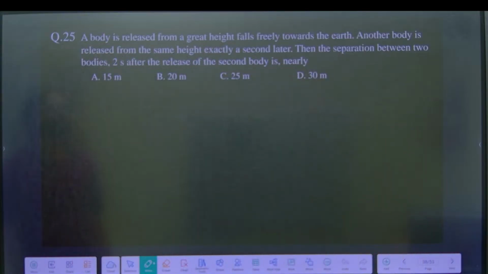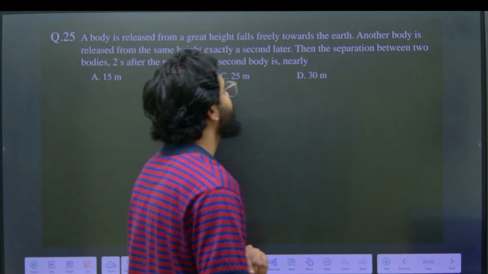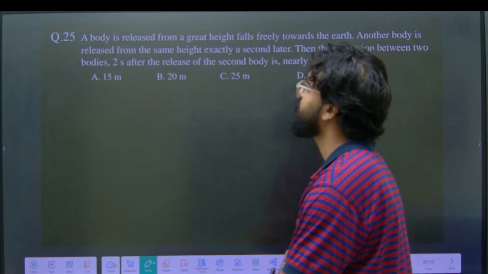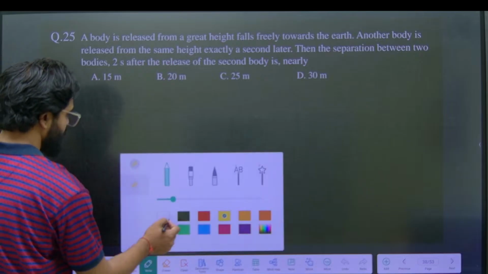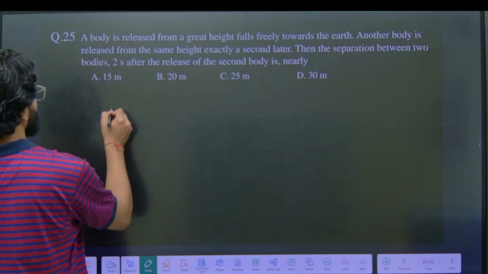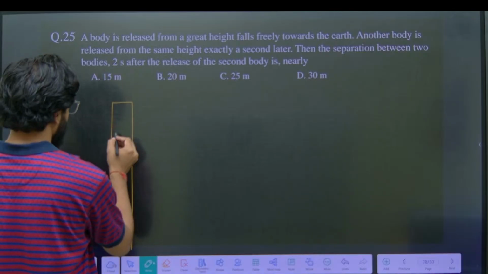25th. A body is released from a great height and falls freely towards the earth. Another body is released from the same height exactly a second later. The separation between the two bodies 2 seconds after the release of the second body. So can we say there is some great height?